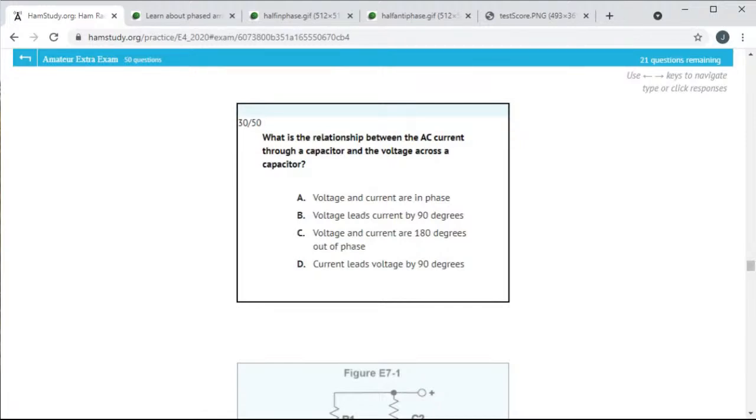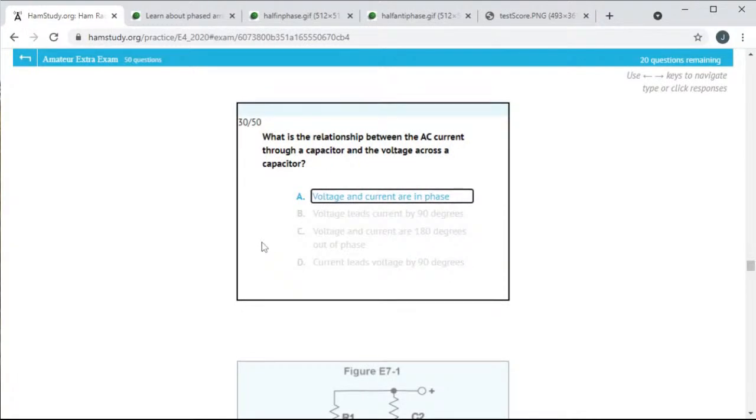D, current leads voltage by 90 degrees. And I don't remember this one. I'm going to say they're in phase.